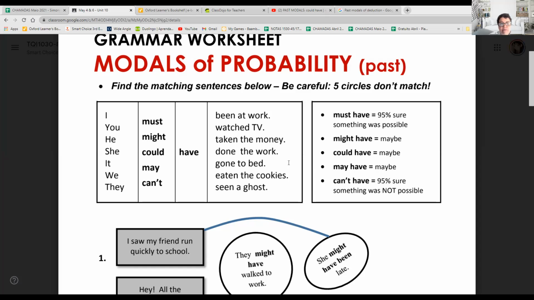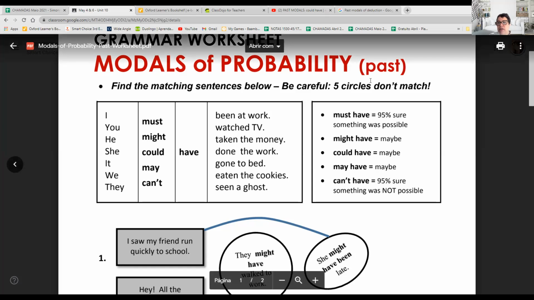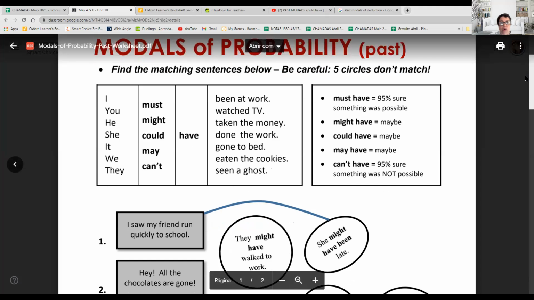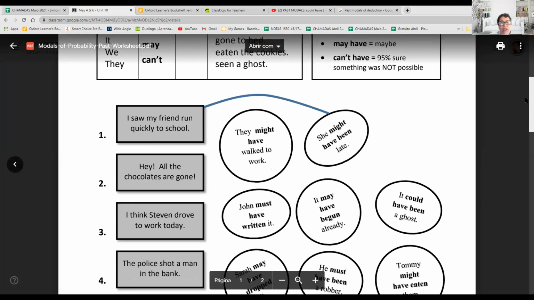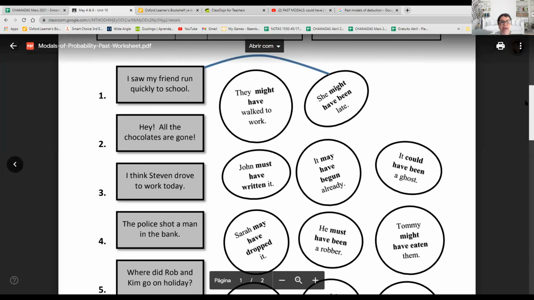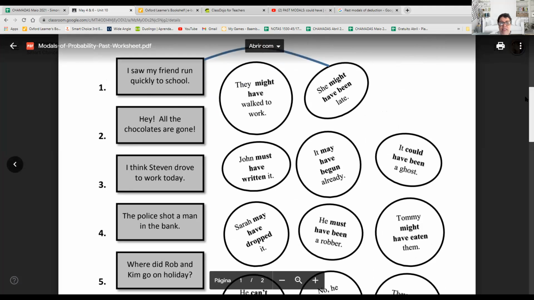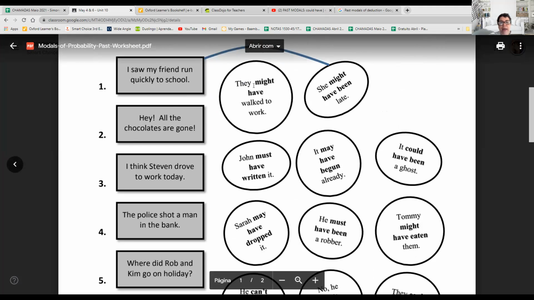Okay? So let's take a look here, guys. Look, we have here some examples and we need to link. We took a look at that last class, but I'd like to go back to the exercise because now we have seen the grammar focus and the explanation, so you might understand it better, right?